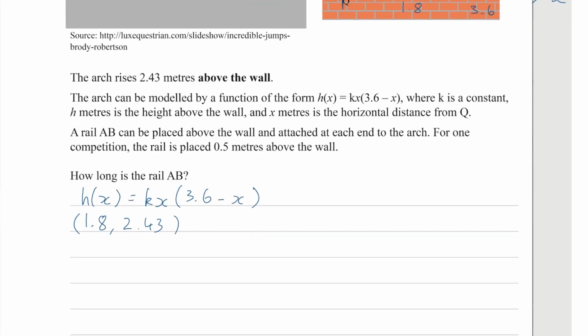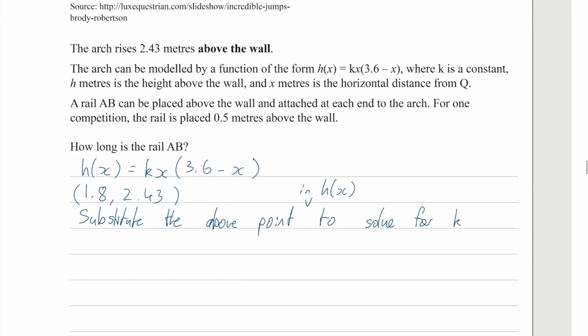So we can now substitute the above point to solve for k. Or substitute the above point in h of x, in the function h of x, and then solve for k.